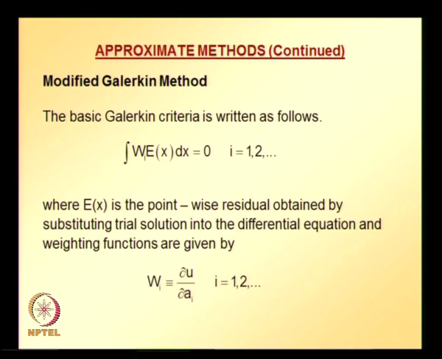And please, if you recall, the residual that we have seen in the boundary value problem involves the second derivative of the trial solution. So, computation of residual requires differentiating the trial solution twice, or for some other case it can be as many times as the order of the highest derivative in the boundary value problem.